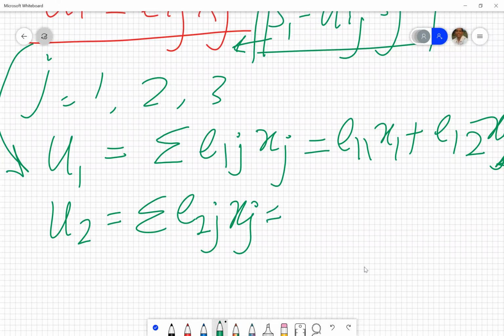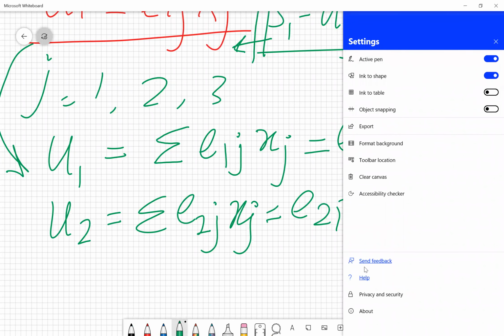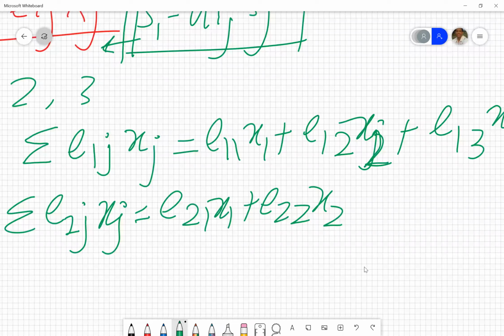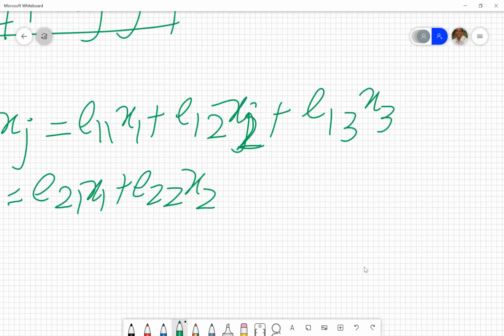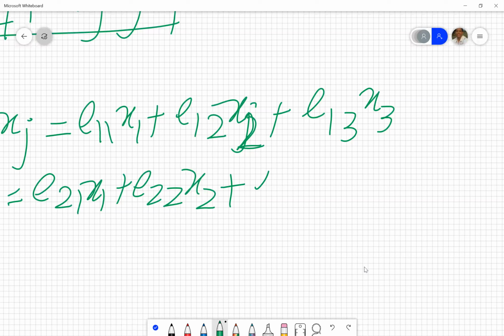We can expand it now: e21 x1 plus e22 x2 plus e23 x3.